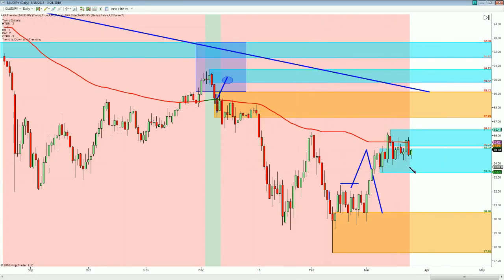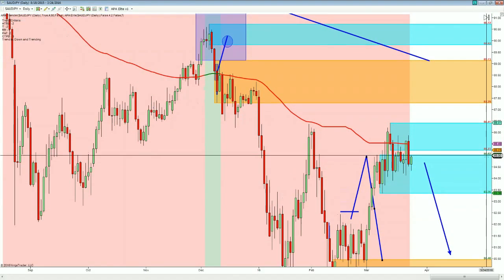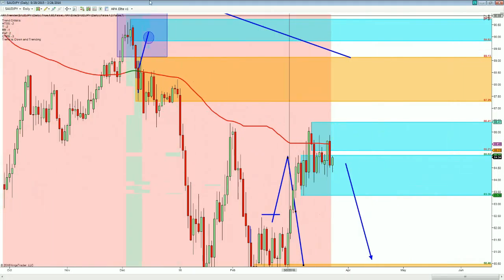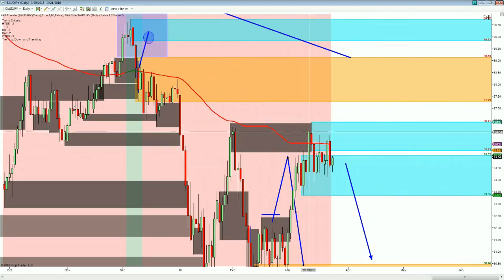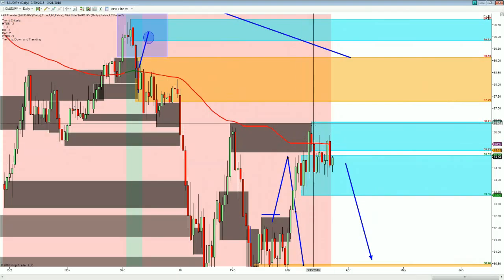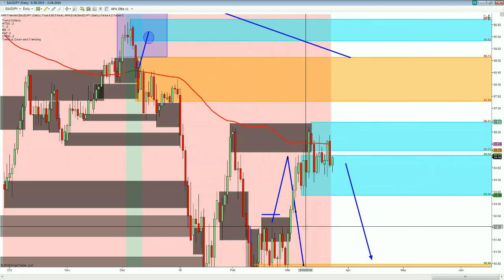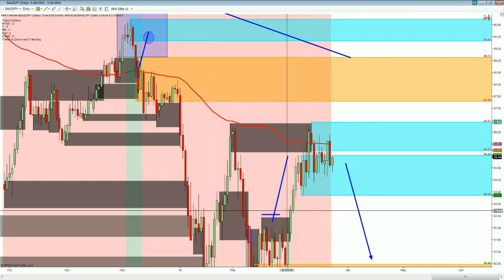Now, technically, we've been watching this market for quite some time, and we were looking for this consolidation and pop to the upside. If we look at the previous zone here on our chart, I think this is kind of interesting because we were looking for price to respect this level, but it just barely broke it by just a couple ticks, and I'm still not done with this idea to the downside, to be quite honest.